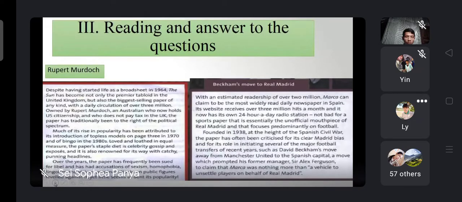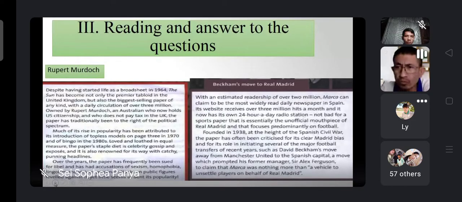Much of its rise in popularity has been attributed to its introduction of the tubeless model on H3 in 1970 and of the bingo in the 1980s.